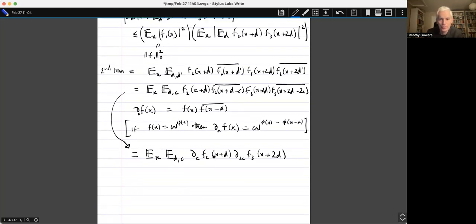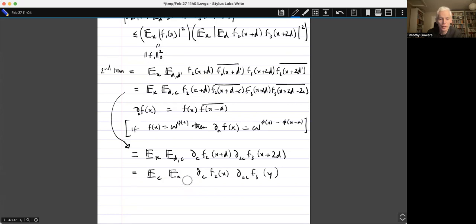And if you look at the pairs of the form x plus d, x plus 2d, because again g has odd order, those are uniformly distributed over all pairs. If I take u and v, there's a unique solution to x plus d equals u, x plus 2d equals v. So I can rewrite this as the average over c, and then the average over all x and y of partial c f2 of x, partial 2c f3 of y.